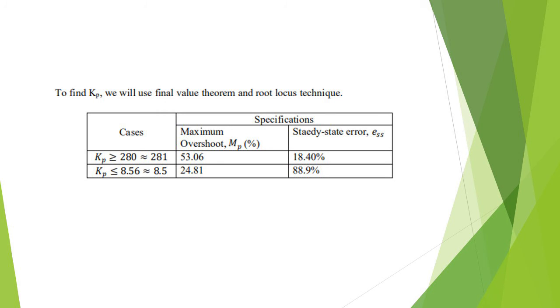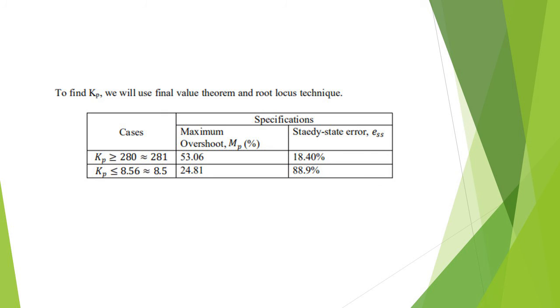From the table, even though the maximum overshoot can be achieved to be smaller than 45%, the steady state error is 88.9%, which is much larger than the specification, which is 20%.